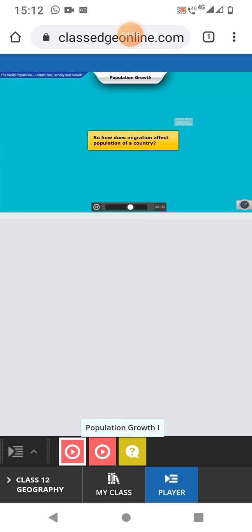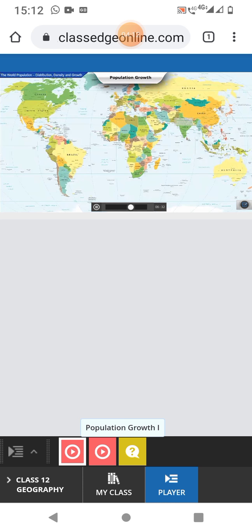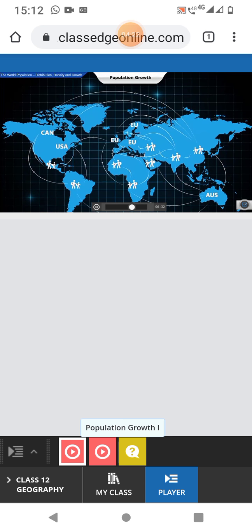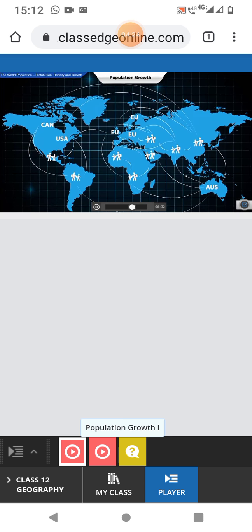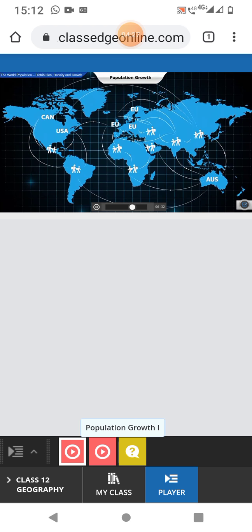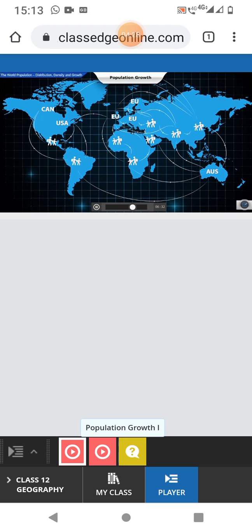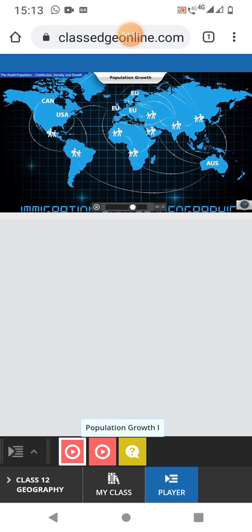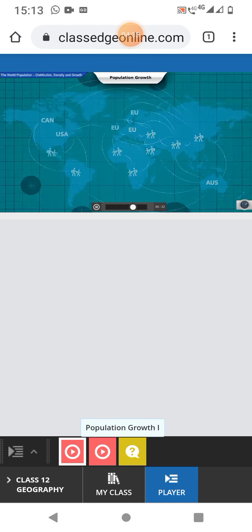So, how does migration affect population change of a country? Apart from birth and death, there is another way by which the population size changes, which is called migration. Migration is the movement of people from one place in the world to another for the purpose of taking up permanent or semi-permanent residence.